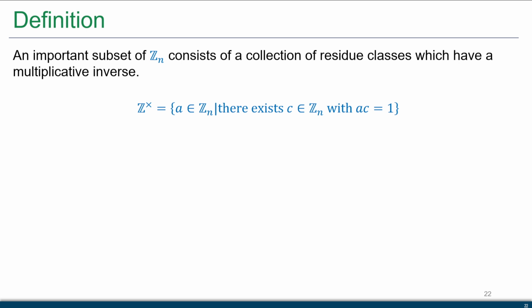So we're looking for all a in Z mod n such that there exists a c in Z mod n where ac is equal to 1. One way to think about this is we can look at all of the elements a in Z mod n such that the GCD of a and n is equal to 1, and then they would be in the set, because every one of those has in fact a multiplicative inverse, and that's just by our theorem and definitions.